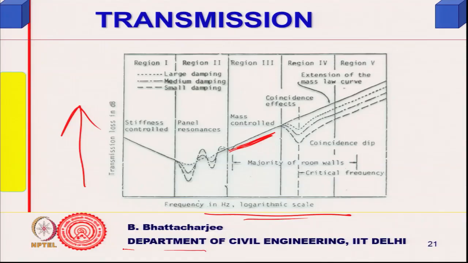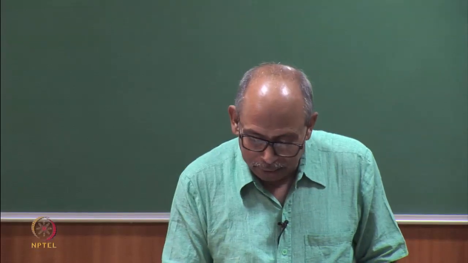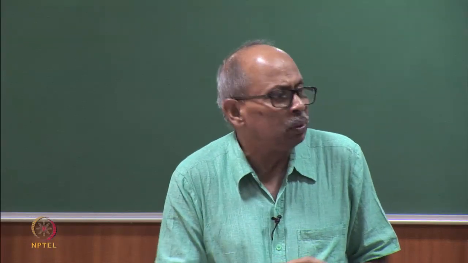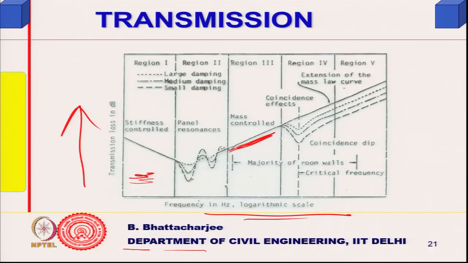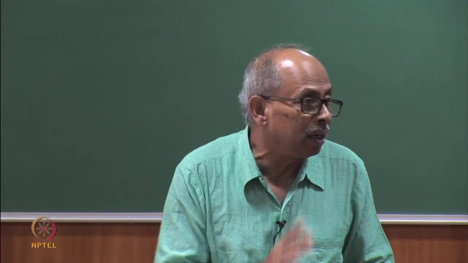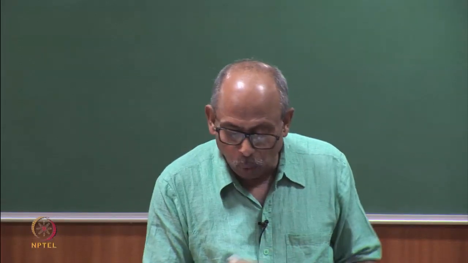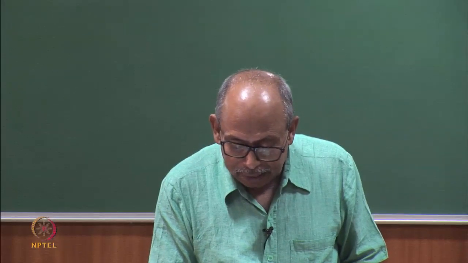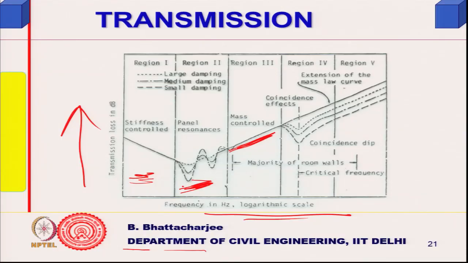At low frequency it has been observed that stiffness k x, which we did not take into account, controls it, which is not generally acoustic frequency. There can be some sort of panel resonance because of the stiffness, the spring behavior of the panel or the wall itself, and in such cases transmission loss gets reduced.